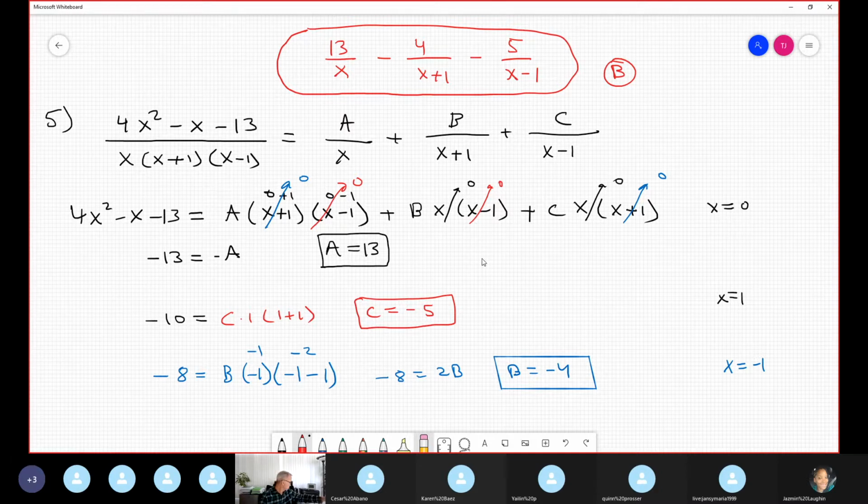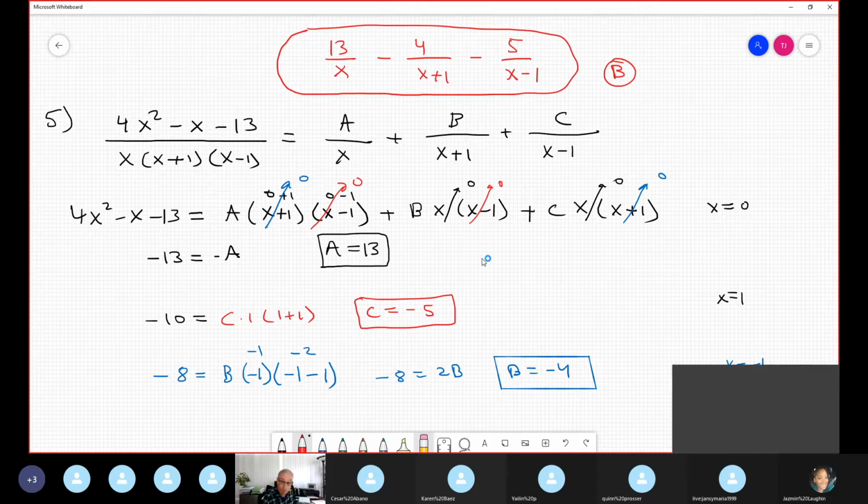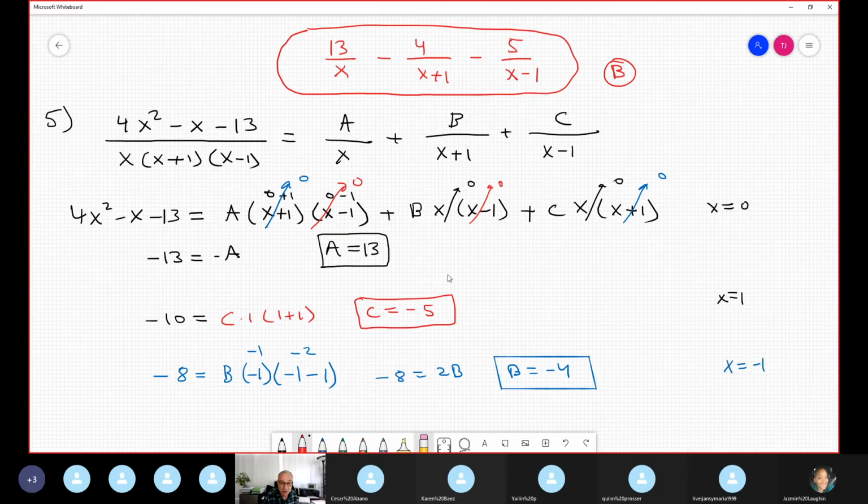Any question? What's the problem? Easy, complicated? No, easy. Remember, guys, we always have this possibility, because sometimes we have too heavy algebra. In this case, no, but in other cases, yes.